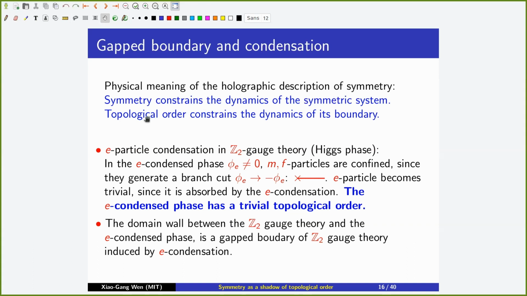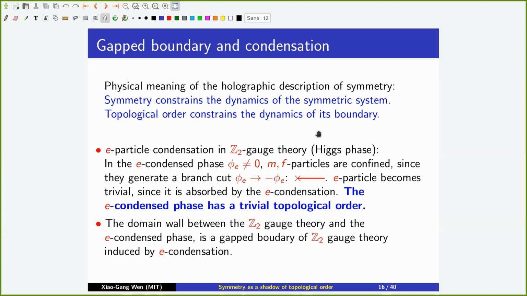But using this simulation, we can use this as a definition of what the symmetry means. Topological order means symmetry. So we can say all the symmetries correspond to some topological order. So this becomes a very general and unified picture of all kinds of symmetry.